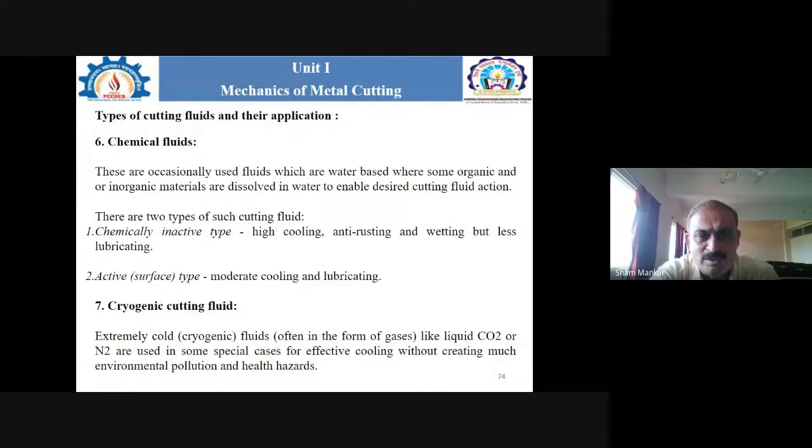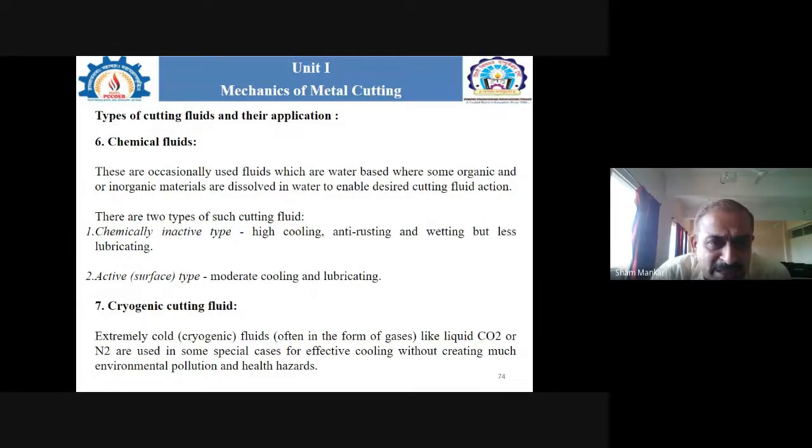So there are 5 important properties which must be there. And after that, we can also check the different kinds of alternative fluids which are available as a cutting fluid. So anyone would like to consider one more important parameter which is to be there?